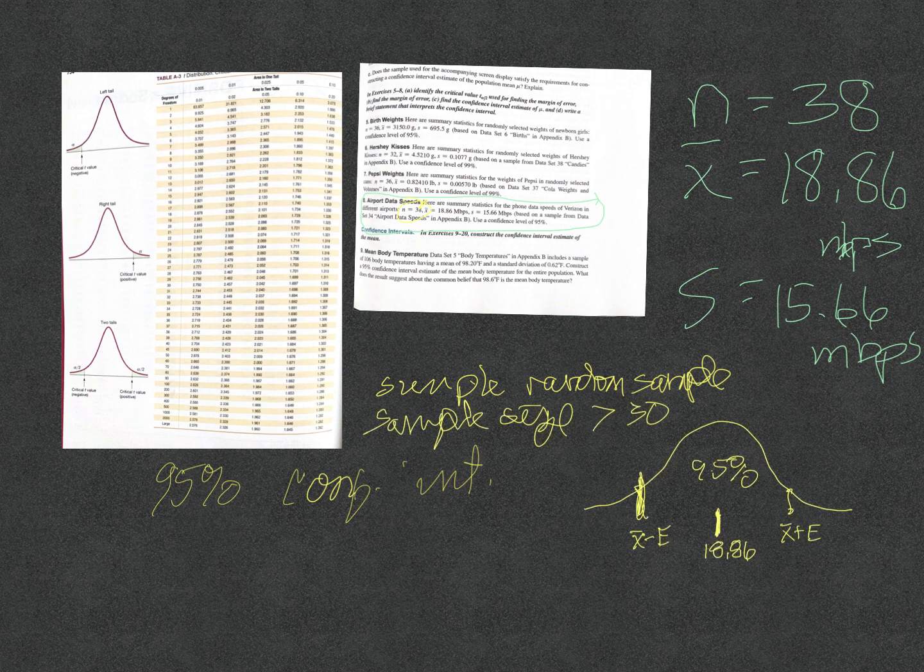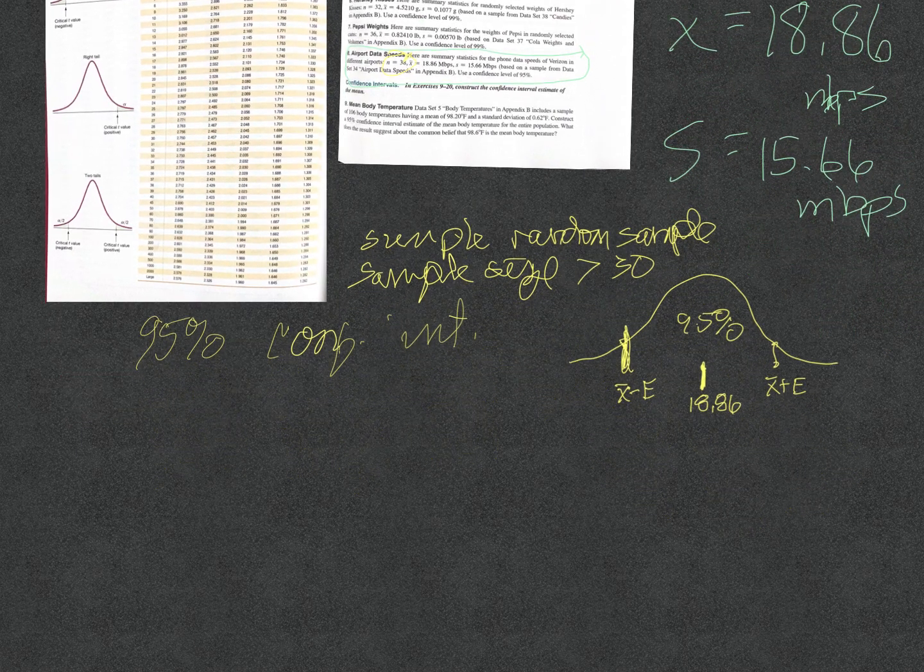Now, what we need to do in order to do that is we have to go to the t-distribution, centered on 0, and we want to find these two values, which are called the critical values, t sub alpha over 2, all right?